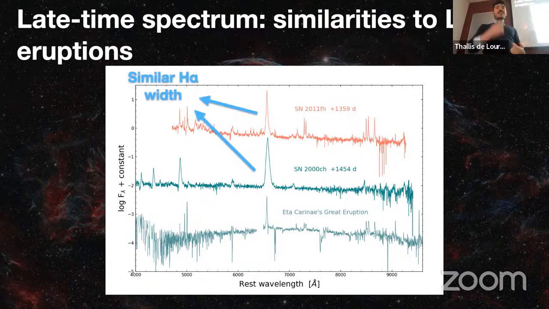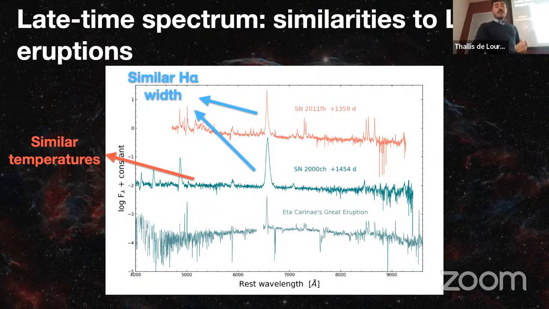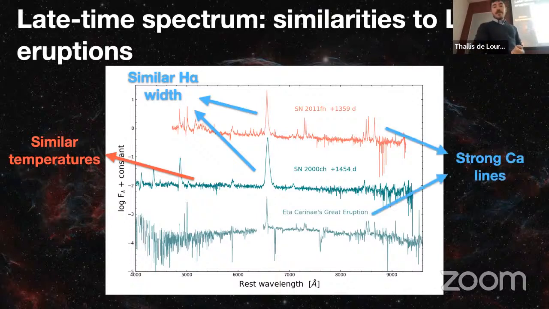So we see that they have the same H-alpha width, so the same velocities as SN 2000ch, which was a famous supernova impostor. They also have similar temperatures, similar black body declinations. And with Eta Carinae, they share these strong calcium emission lines.